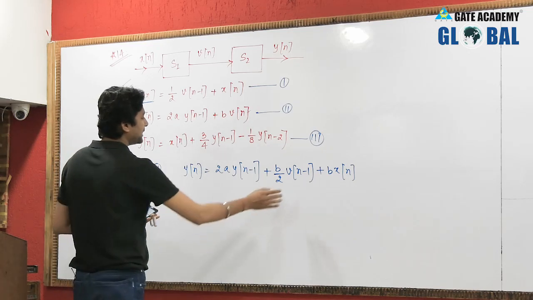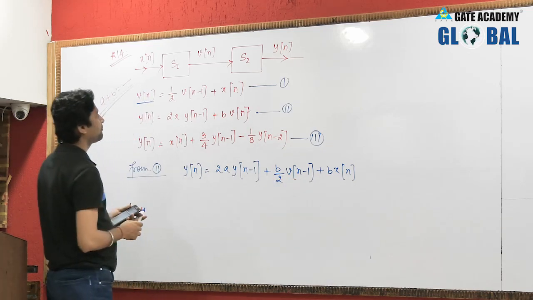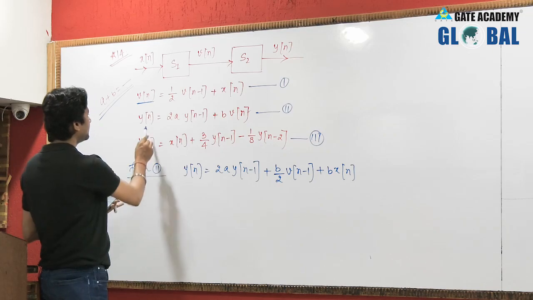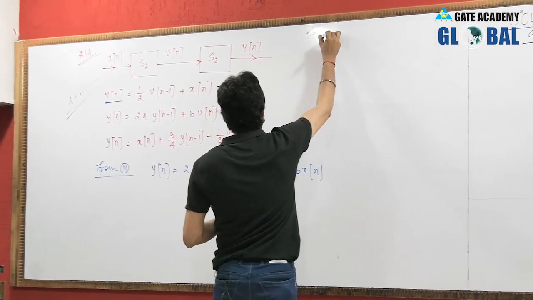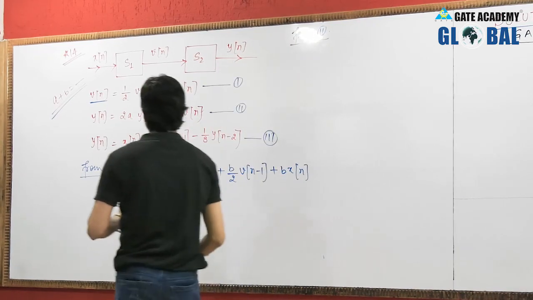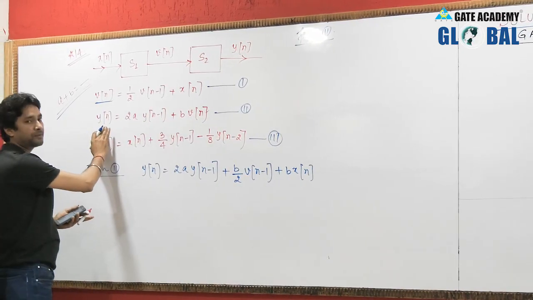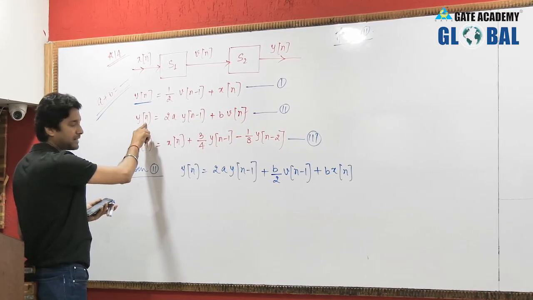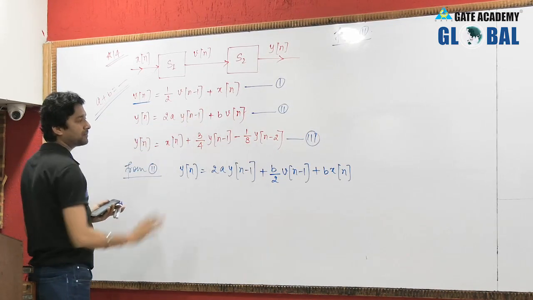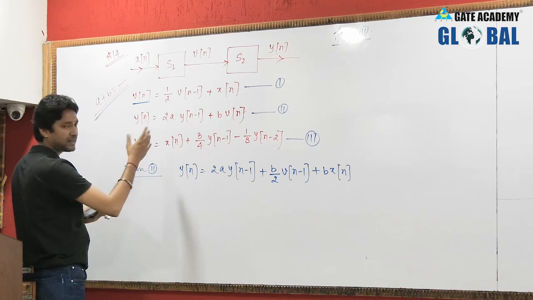Now, to eliminate this v of n minus 1 term, see from equation 2 only. We have seen that if this equation represents the value of y of n, we can substitute any value instead of n, but we have to substitute that value for each value of n.